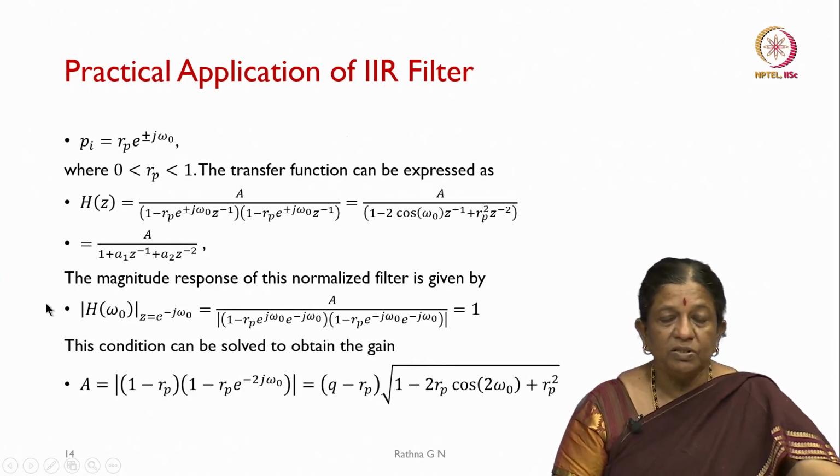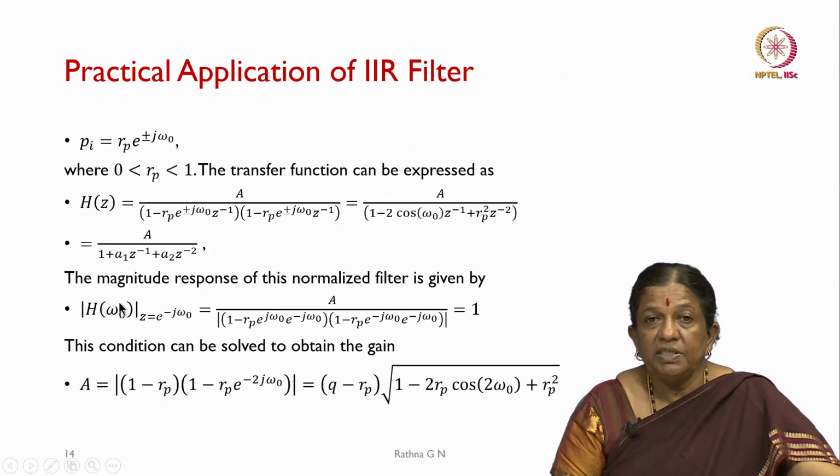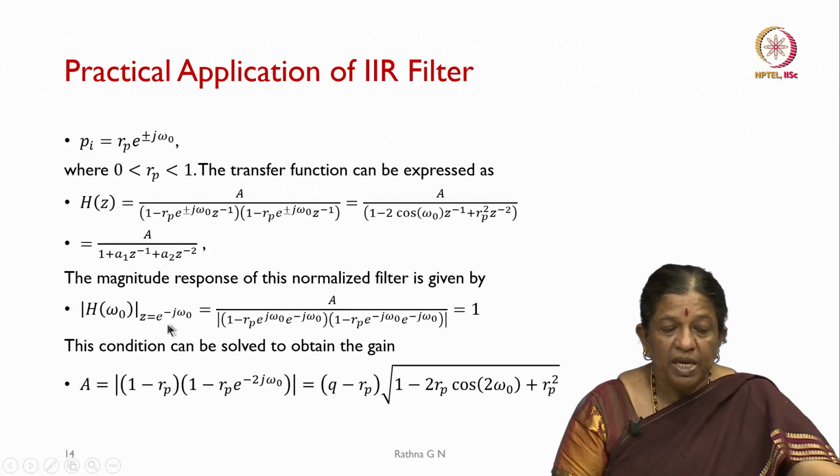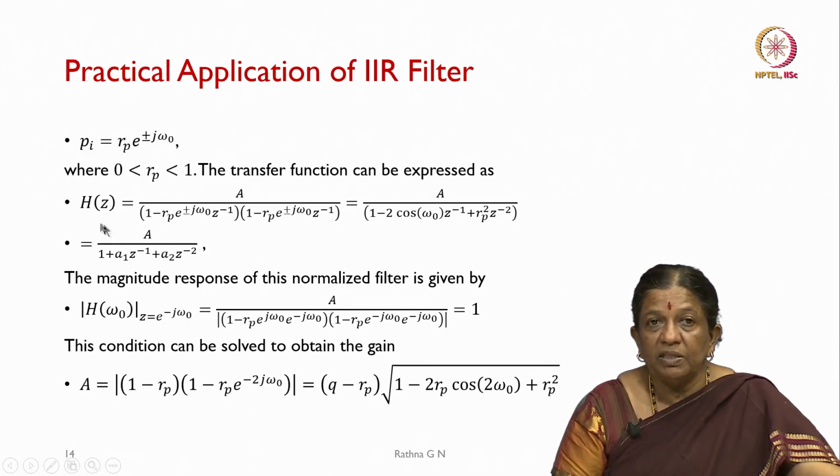So, what happens in the frequency domain? If we are considering the normalized filter, the magnitude response is obtained by substituting z equal to e power j omega naught in this equation. Then the magnitude of H of omega naught is given by A divided by the magnitude of 1 minus Rp e power j omega naught times 1 minus Rp e power minus j omega naught.